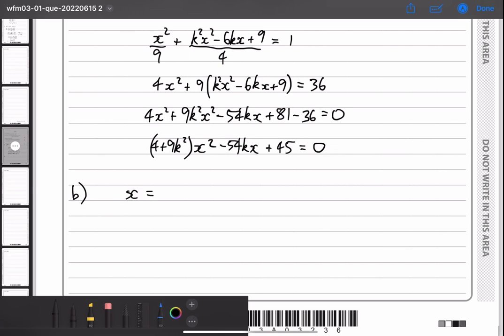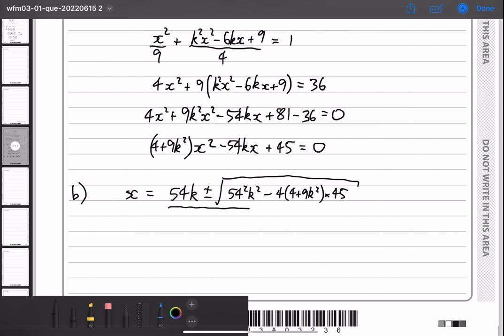Minus b, 54k, plus or minus the square root of b squared, 54 squared k squared, I won't work out the numbers just yet, minus 4 times a times c.